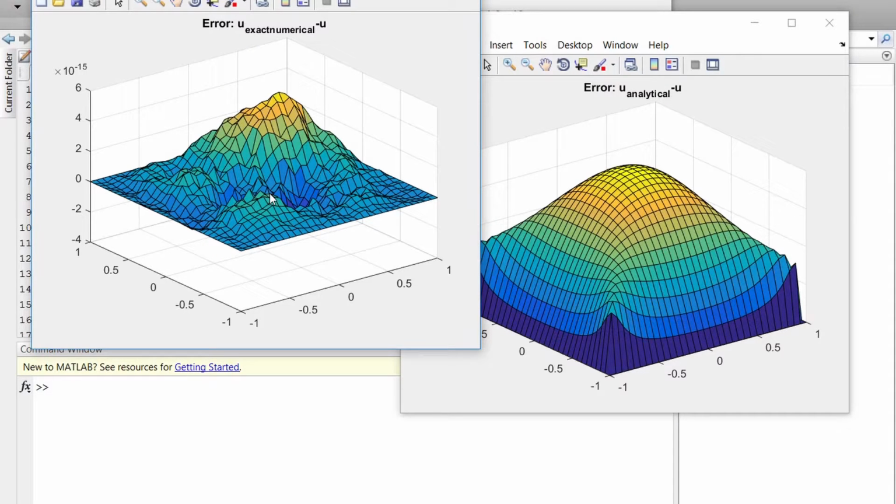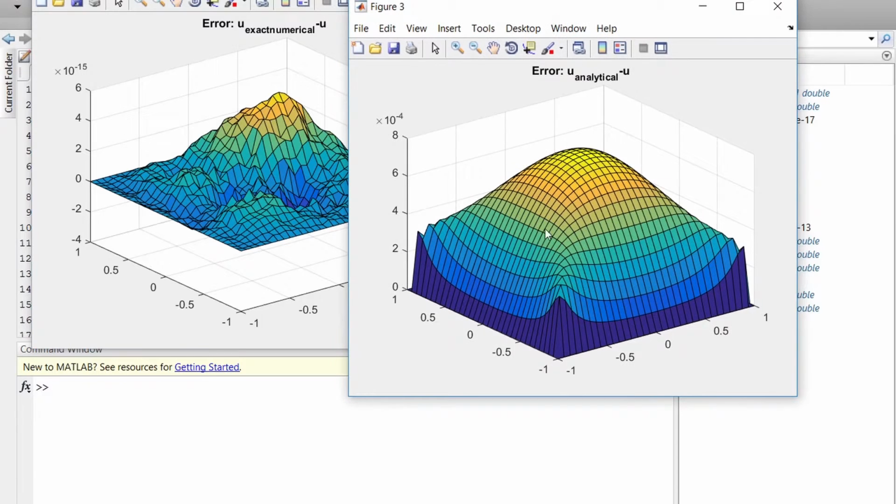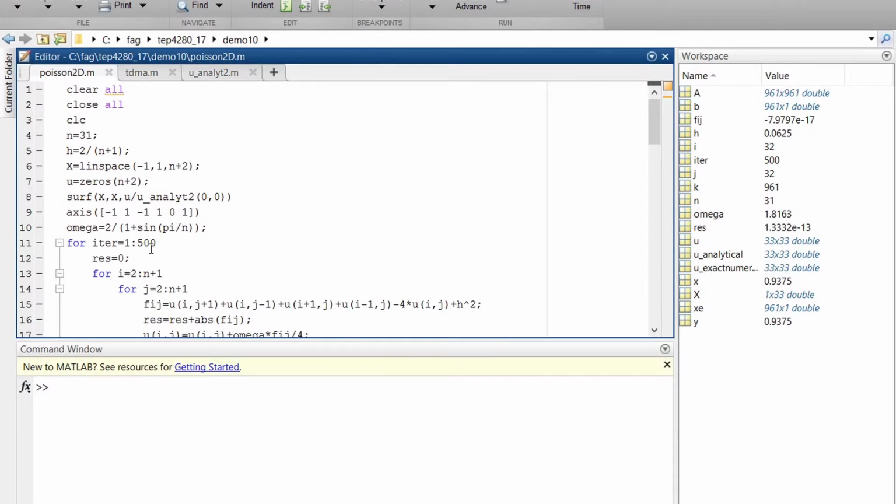This is just numerical white noise. So yes, we have the perfect numerical solution, but why waste the effort? This error, compared to the analytical, is just as big. So we could have stopped actually when we have an error of this order, and this is then of course of the order h squared. So it really doesn't pay off.